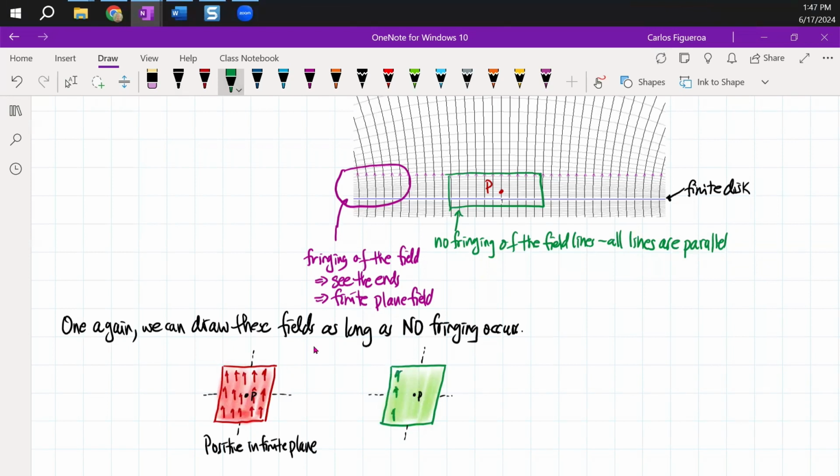And as long as those fields look the same everywhere, I cannot tell that it's a finite plate. And of course, this is the negative infinite plane.